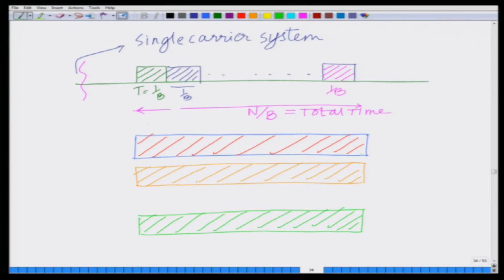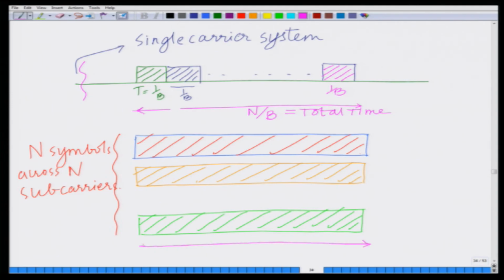So, I am transmitting N symbols across N subcarriers, and the total symbol time remains fixed. The total symbol time is N by B.